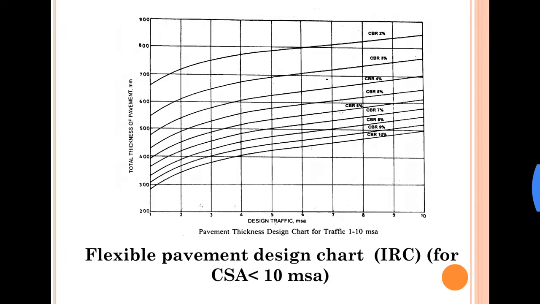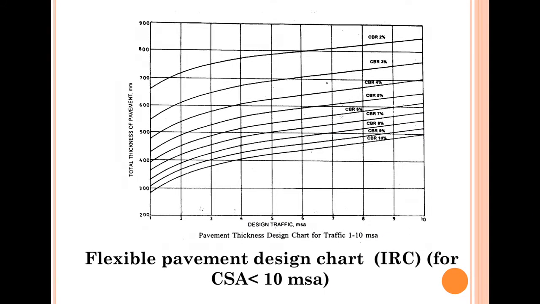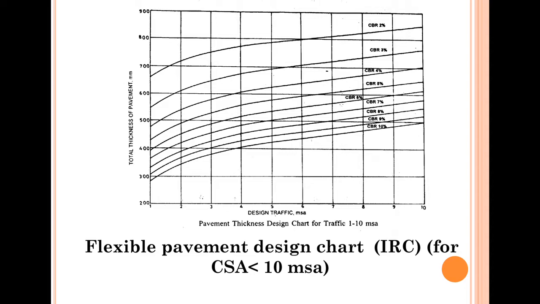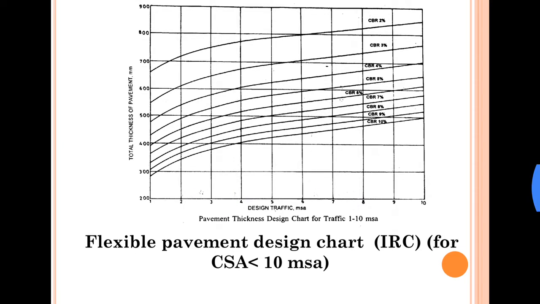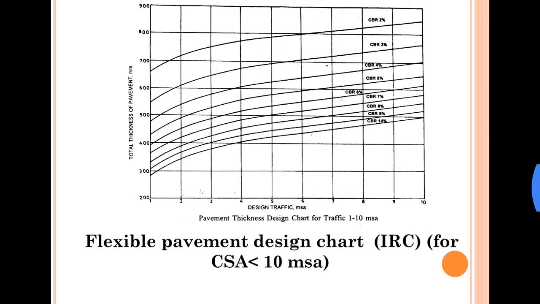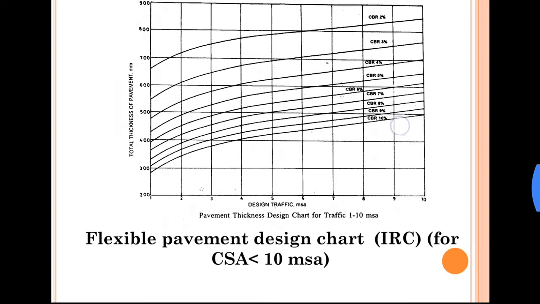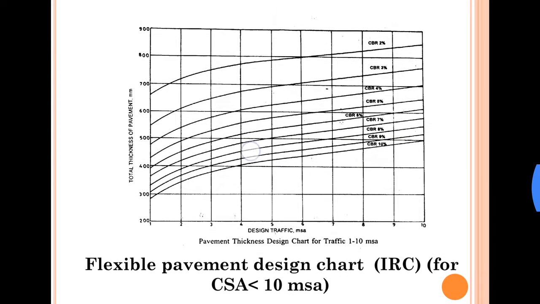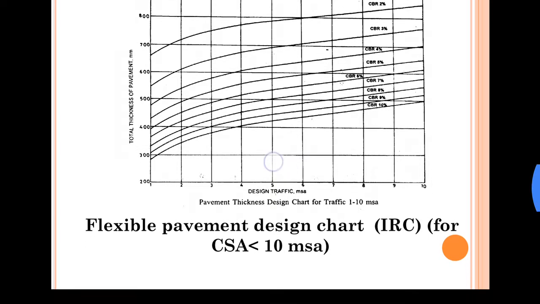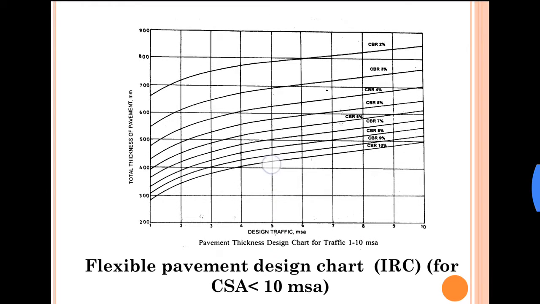So what happens here is, with the help of the CBR values and the design traffic, we can project. Assuming we have design traffic of 5 MSA over here, and the CBR of our subgrade is 10%, that is this last curve. Then we can project a vertical from 5, it will cut this curve at this point.